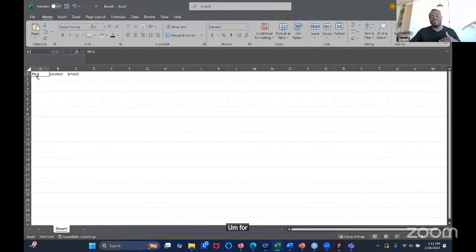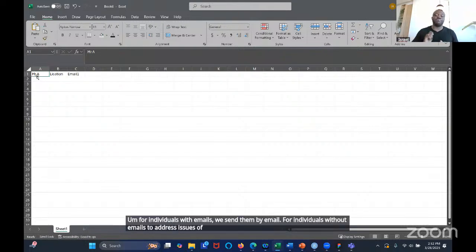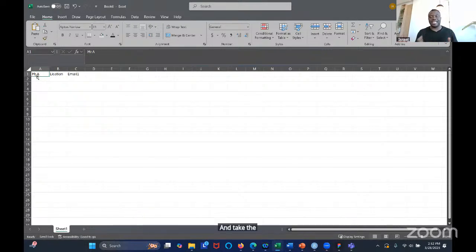For individuals with emails, we send them by email. For individuals without emails, to address issues of non-coverage bias, we mailed the survey to their addresses. We gave them two options. You can either return it by mail, or you can just scan the QR code and take the survey online. So it's still an online survey that was delivered via mail.